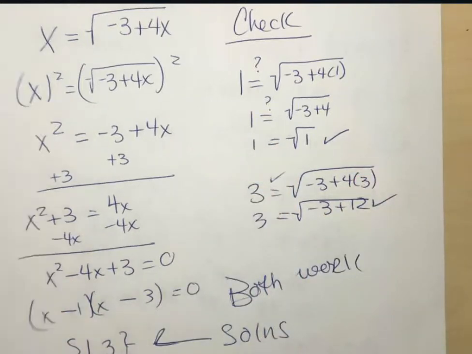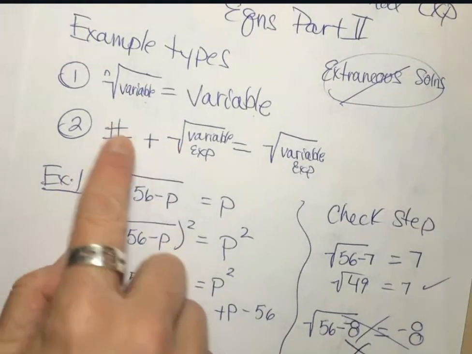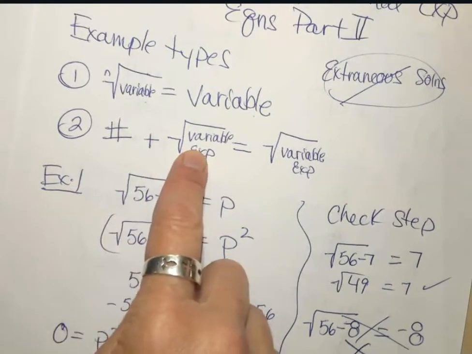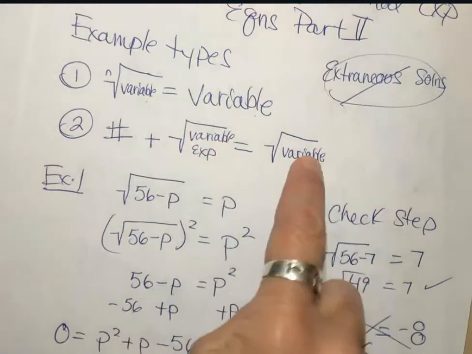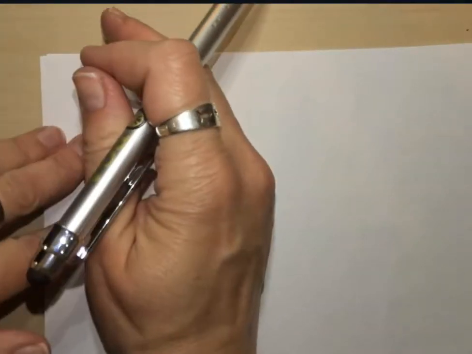So that is my first problem type. Second problem type goes back to some number or stuff outside the radical, and I have a variable inside the radical, and I have it equal to a radical. So we're going to look at this particular problem. Example number 3.